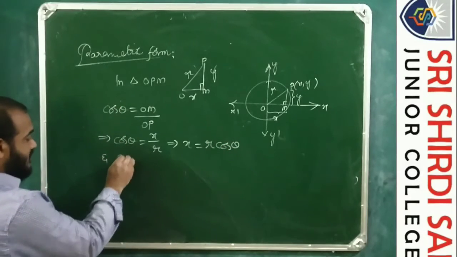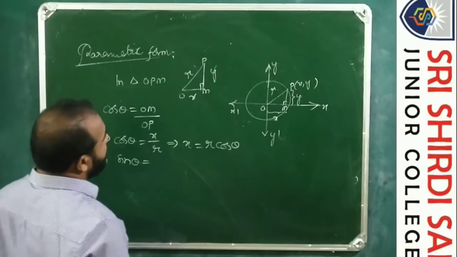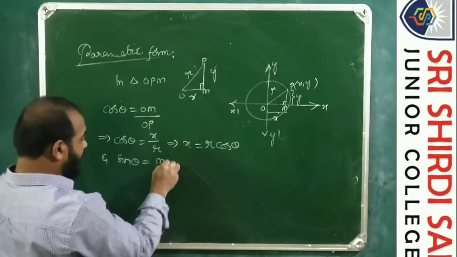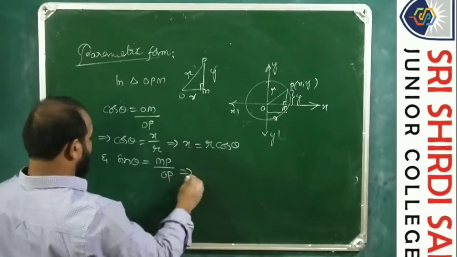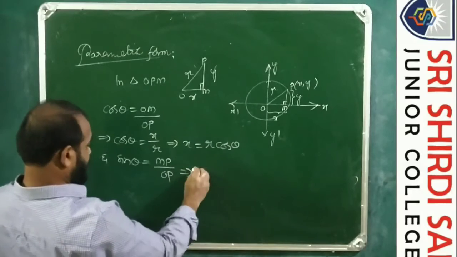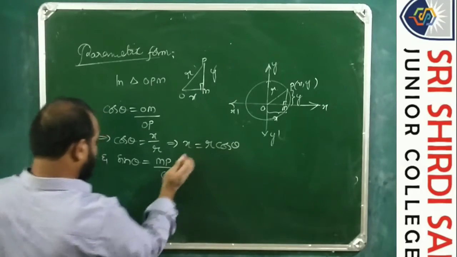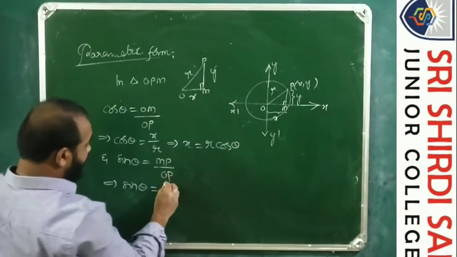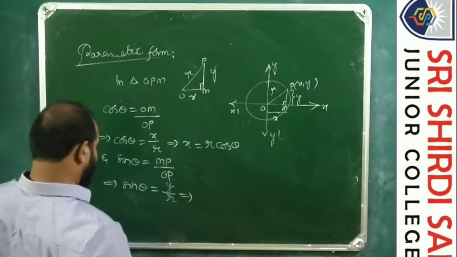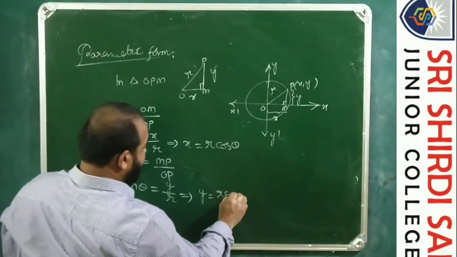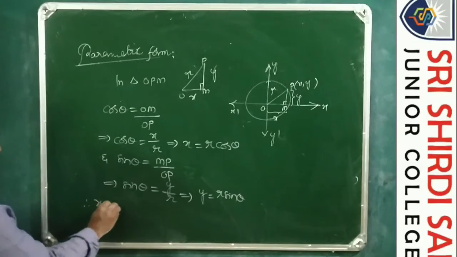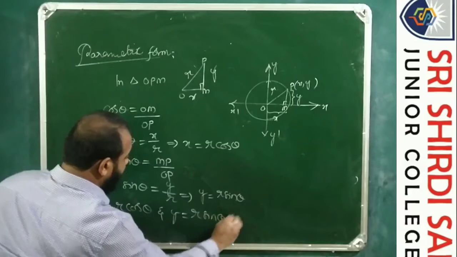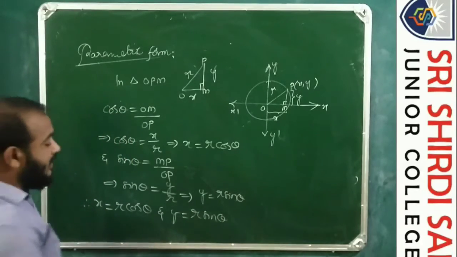And sin theta is equal to the opposite side by the hypotenuse, MP by OP, so sin theta is equal to y by r. From this, y is equal to r sin theta. Therefore, x is equal to r cos theta and y is equal to r sin theta are said to be the parametric equations.